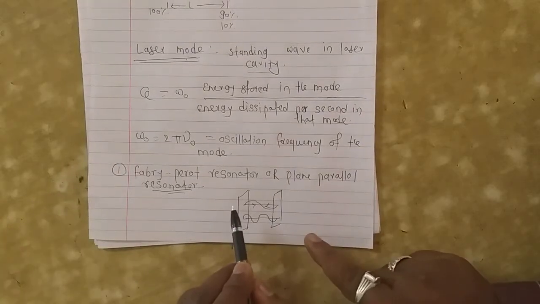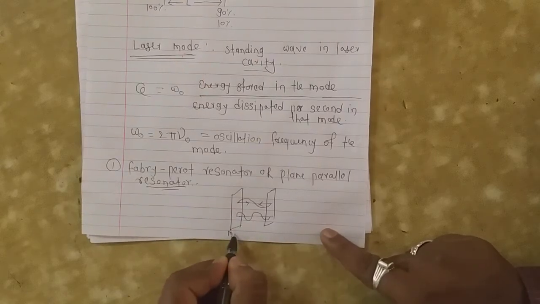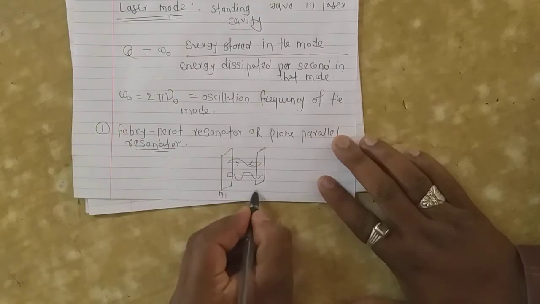This Fabry-Perot resonator consists of two mirrors facing each other, this mirror M1 and this mirror M2.